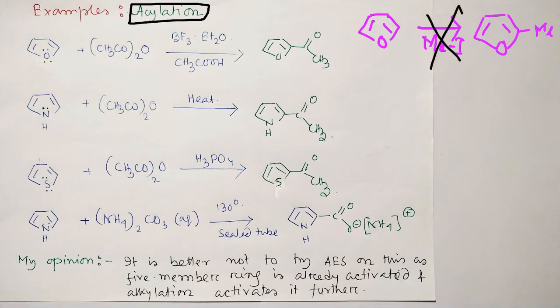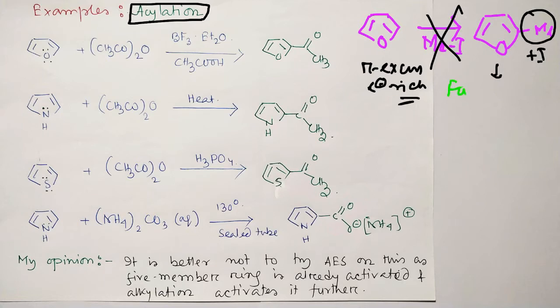Why? First of all, these are pi excess nucleus, and actually better to say they are electron rich systems, and we know that in Friedel-Crafts alkylation, the alkyl group has a plus I effect, for which it increases the electron density in the ring. So you may consider that it is further activated.